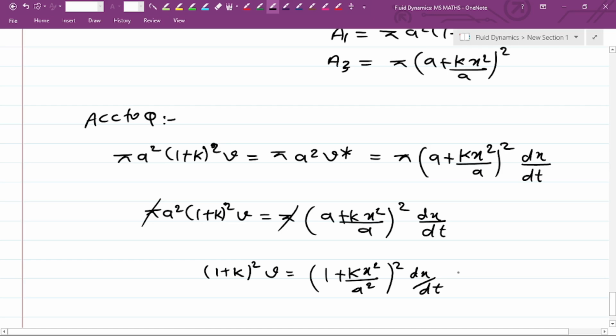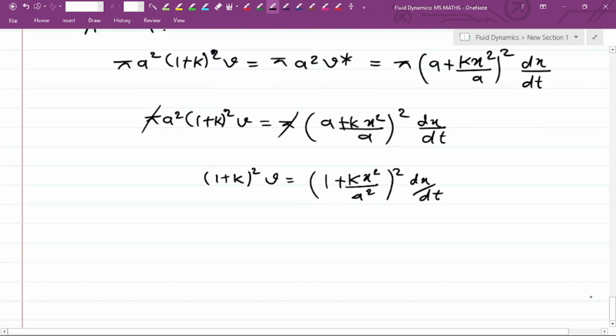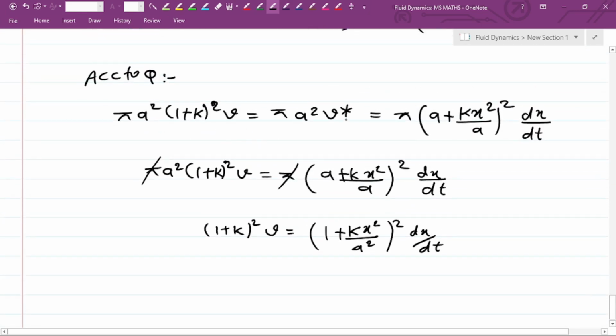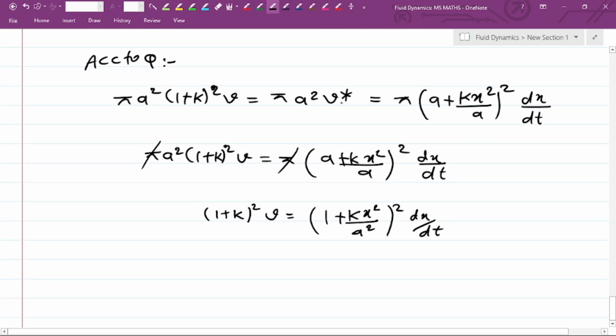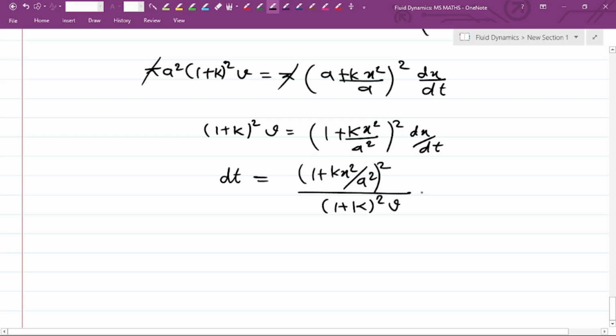We want to find the time. Sorry, this is not volume, it is velocity: area into velocity. Now we have dt, so we take the component of v to one side: 1 plus k x square upon a square, whole square, upon 1 plus k whole square into v, is dx.